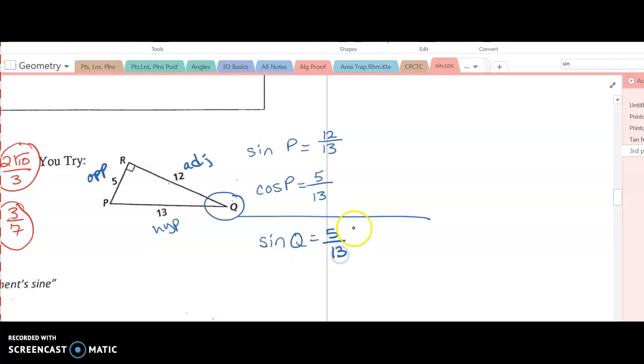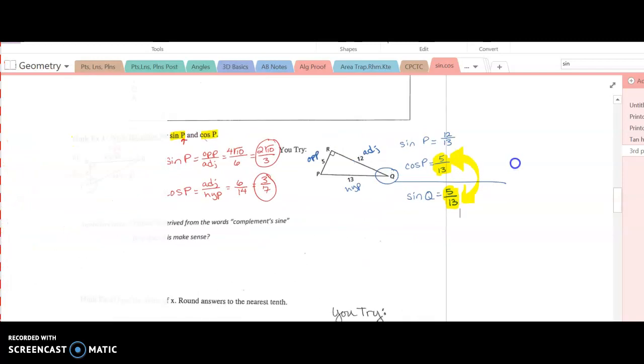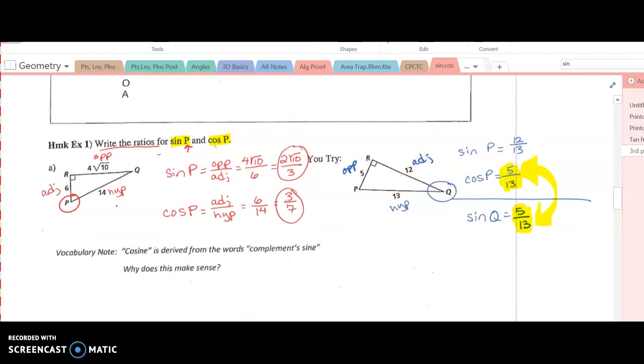And I just want you to notice for a second this right here and this right here. They're the same, right? And so this is actually where the word cosine comes from. Cosine is derived from the word complements. We know co, like with, complements in this case, sine. So P and Q are complementary angles.